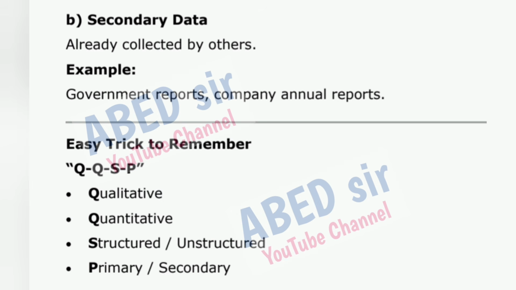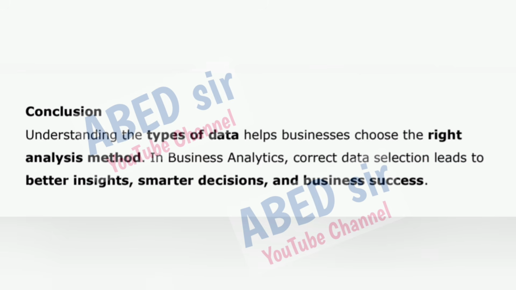Qualitative. Quantitative. Structured, unstructured. Primary, secondary. Conclusion. Understanding the types of data helps businesses choose the right analysis method. In business analytics, correct data selection leads to better insights, smarter decisions, and business success.